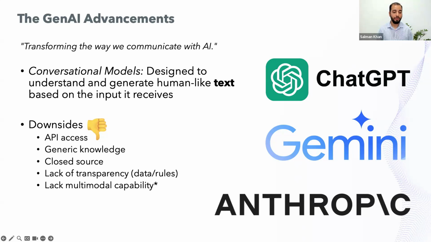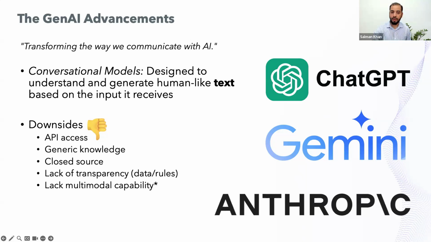There's also a lack of transparency in the sense that we don't know which data is used for training, or what backend rules are designed to generate the responses that we're getting from these closed source models. And some of these models, for example, up until some time ago, ChatGPT was not supporting multimodal capabilities, but now the new versions, GPT-4 and GPT-4o, are offering that capability, but this capability is lacking, for example, in Claude models.